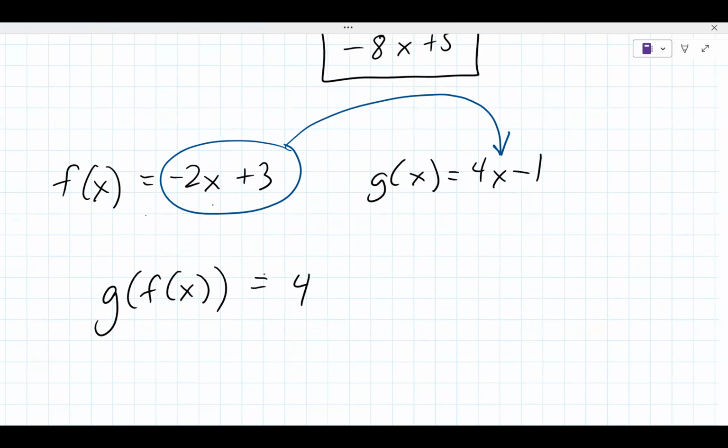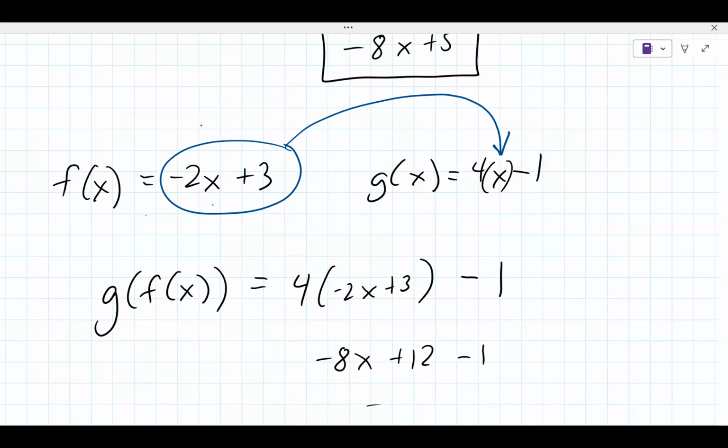So it becomes 4, you treat that like it's in parentheses, minus 2x plus 3, minus 1. So then that would be minus 8x plus 12 minus 1, minus 8x plus 11. All right, you got it.